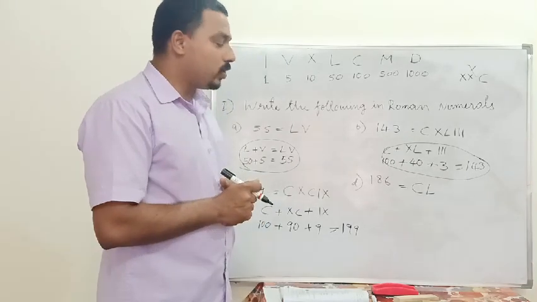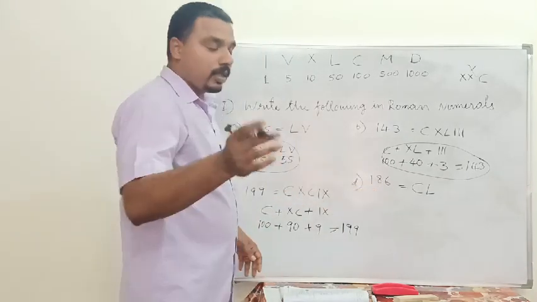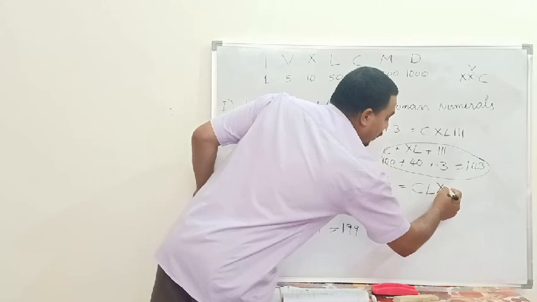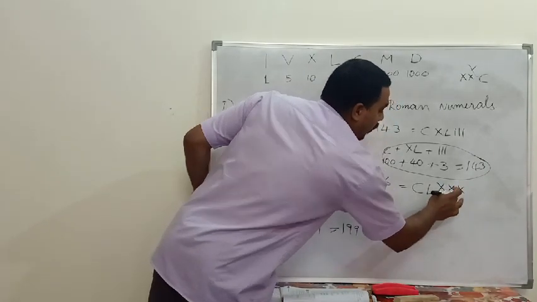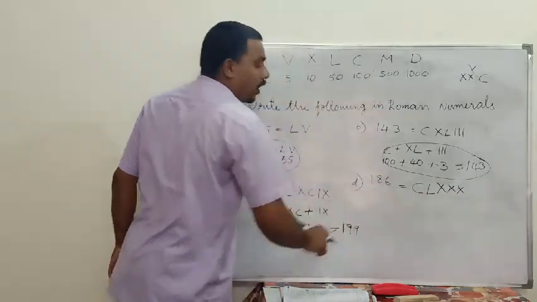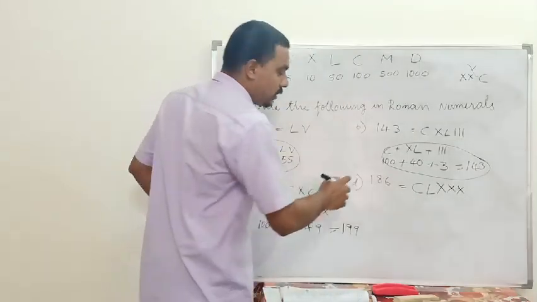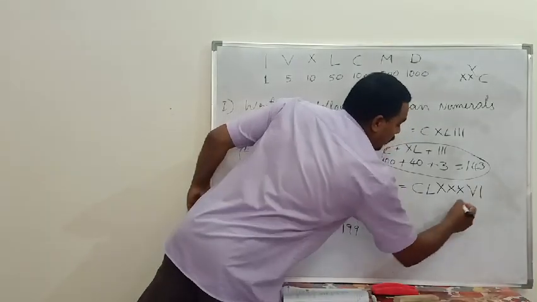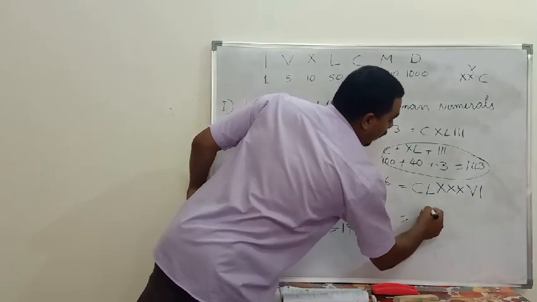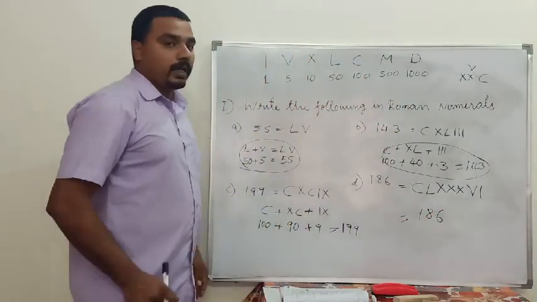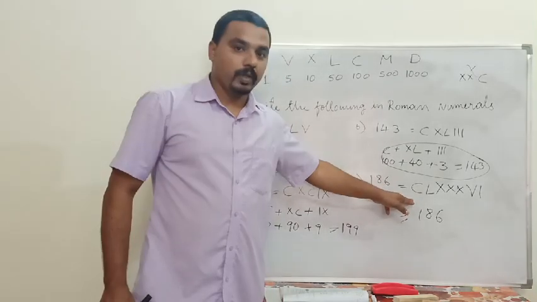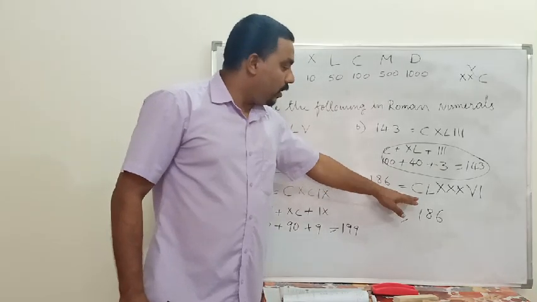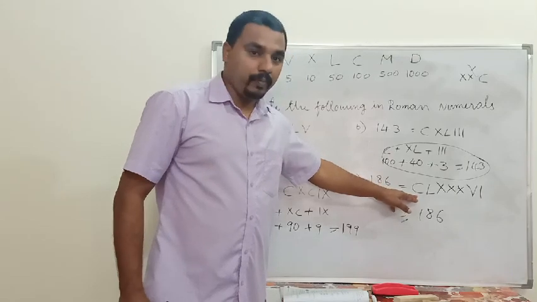Then how much do we need? 86 we need. So 1, 10, 20, 30. So now 180 plus 6 is equal to 186. Here also we have used the addition and subtraction fact together. I think it is very clear for you.